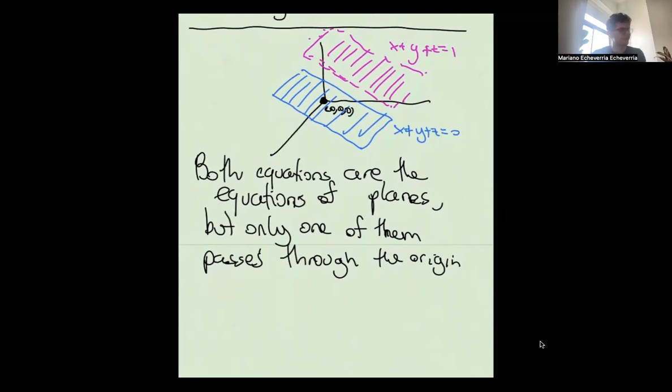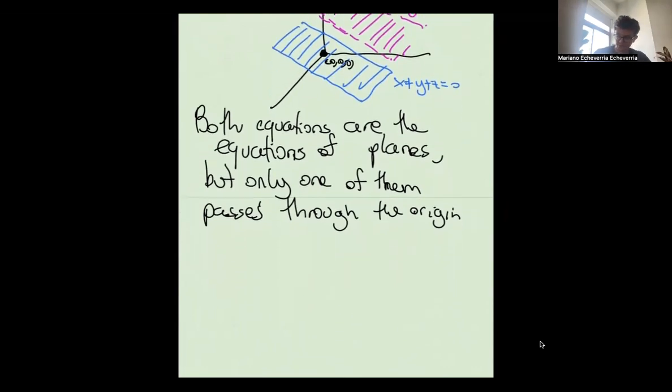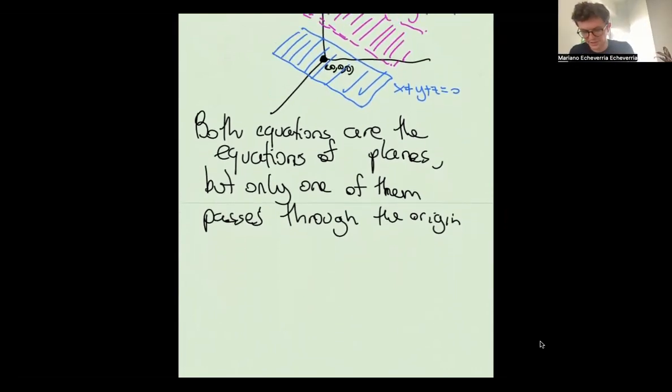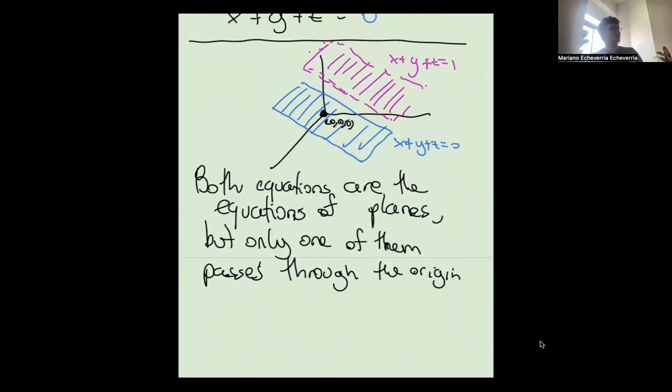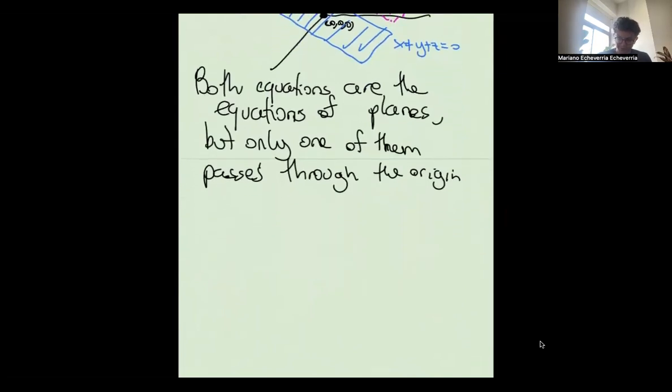Okay, and so why is that a difference? Here's what happens. What's the difference between these two when one has the origin and the other does not? Just to make this more concrete, let's start with this equation.